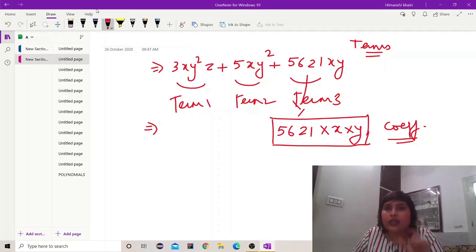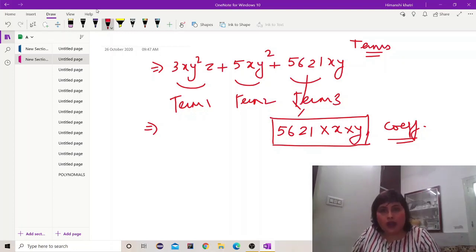So you have to find the term which contains just xy. Here I have xy square, here xy square z, and here xy. So you just have to see the xy part and not other than that.